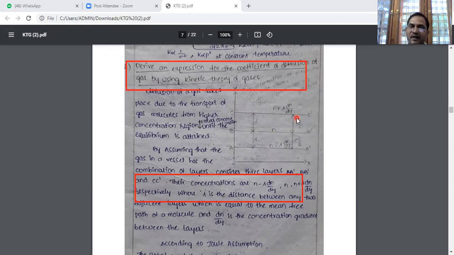So what is lambda there? Lambda is the mean free path. What is meant by mean free path? This is the average of the individual free paths of a gas molecule. So this is the description of the diagram.